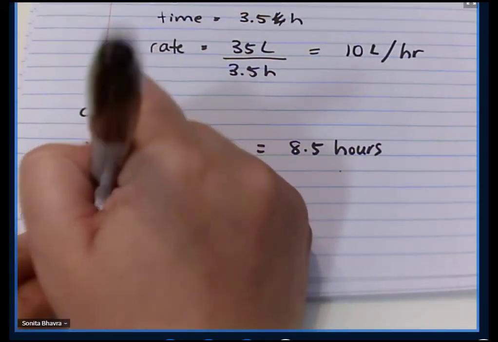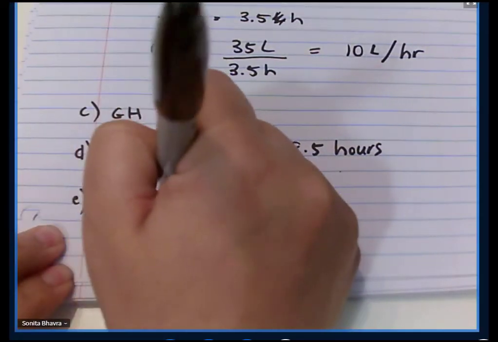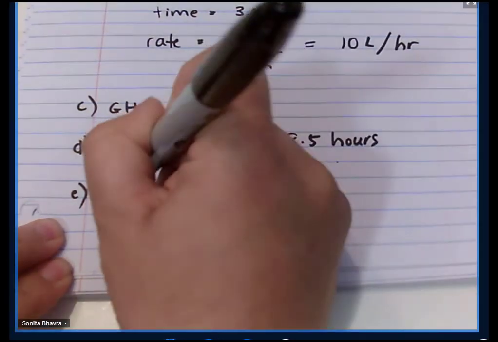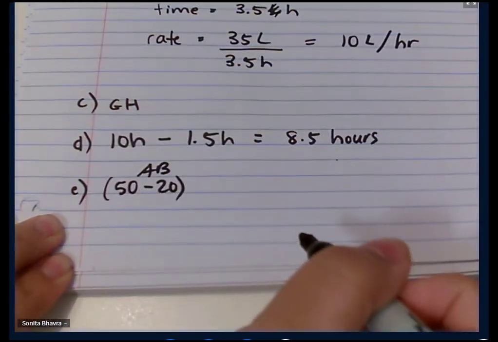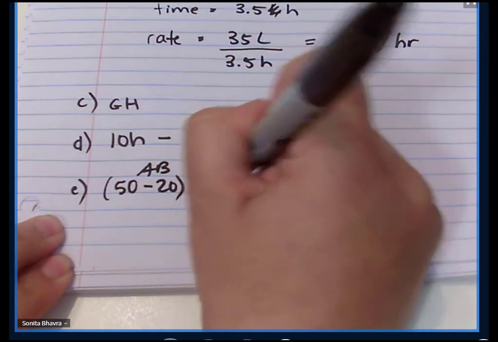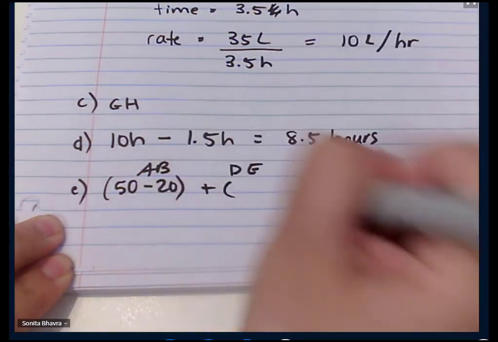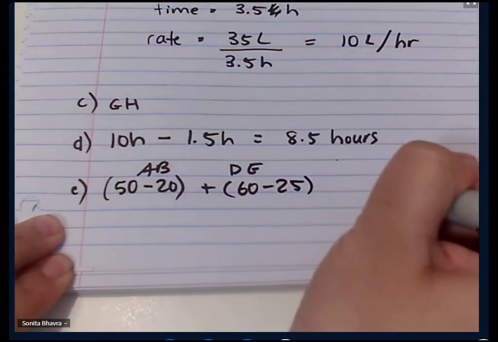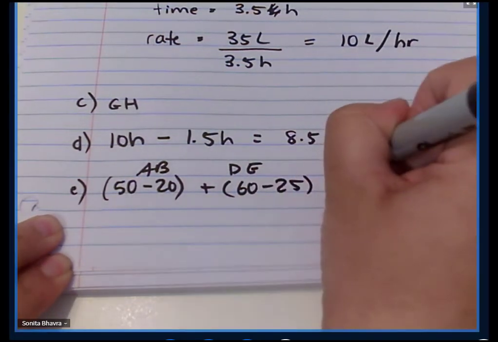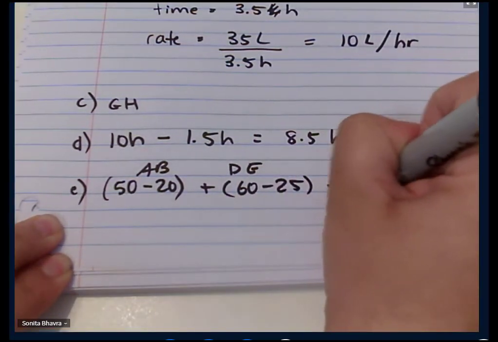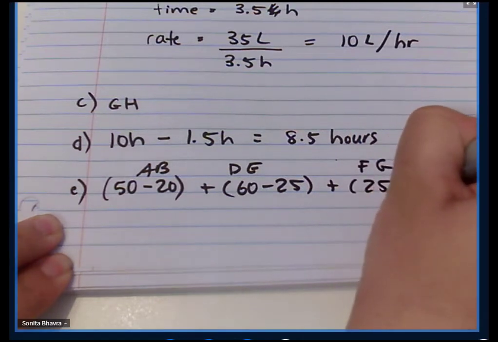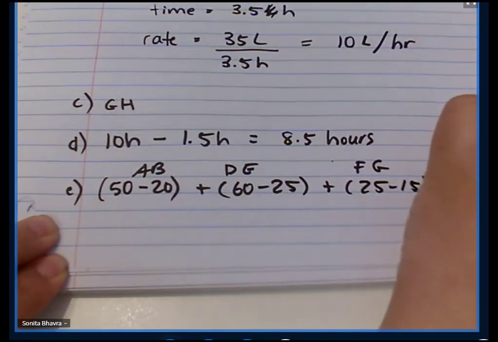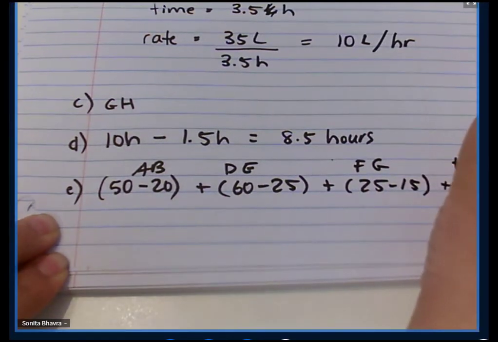All right, so 50 minus 20, that was at AB. And then at DE, it was 60 minus 25. And then at FG, 25 minus 15. And then at HI, 60 minus 50.